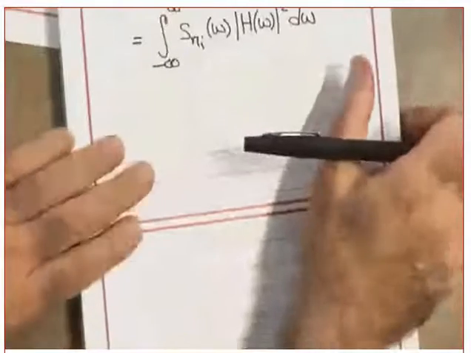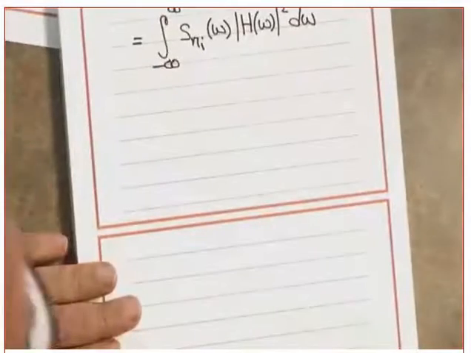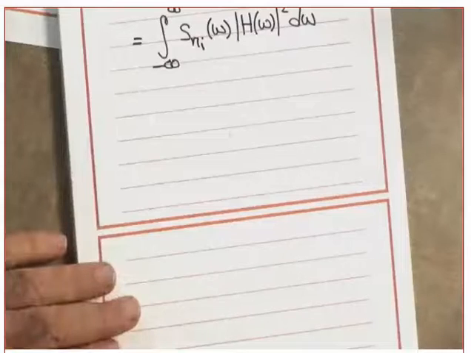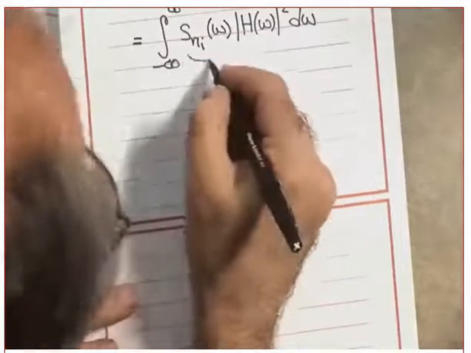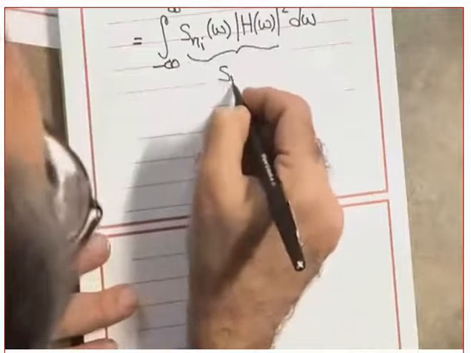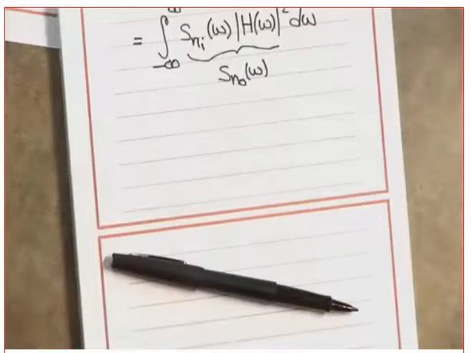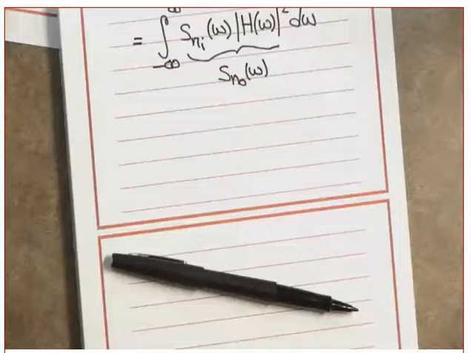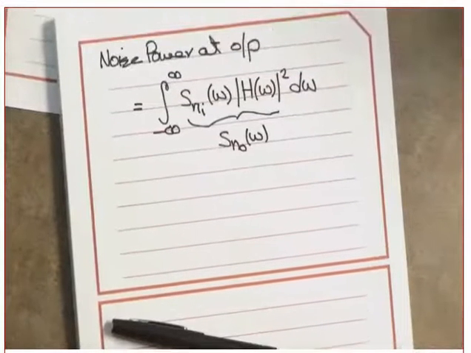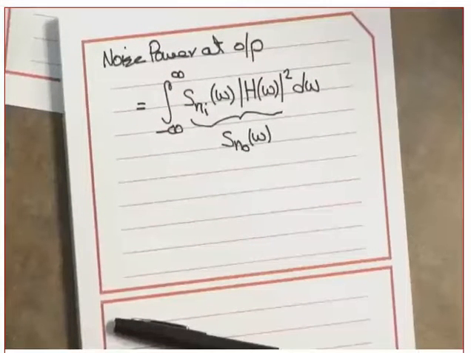Did you get it? Yes or no? Which means the noise power is the area under the power spectral density. Did you get this or not?